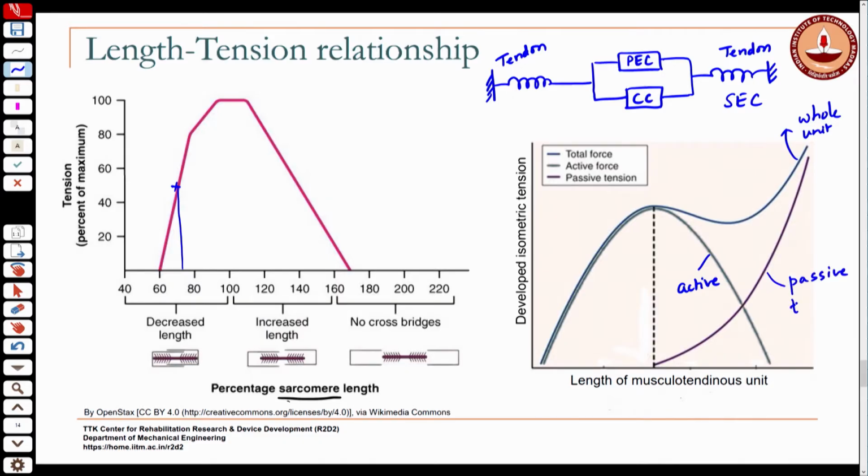The contribution from the initial stretch, because of the elastic nature of the connective tissue, gives you a resistance, and that is your passive muscular tension. That is why the two add up to give you the tension through the whole unit. Is that clear now? I think there was some confusion the other day, I just wanted to clarify that.